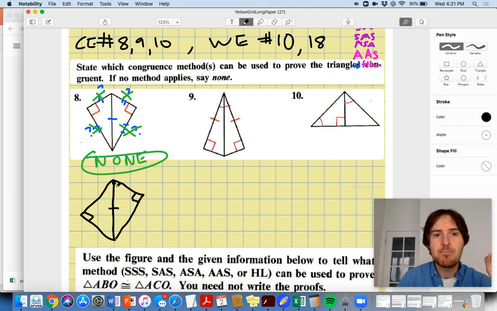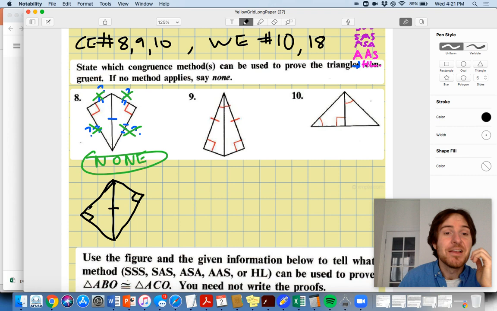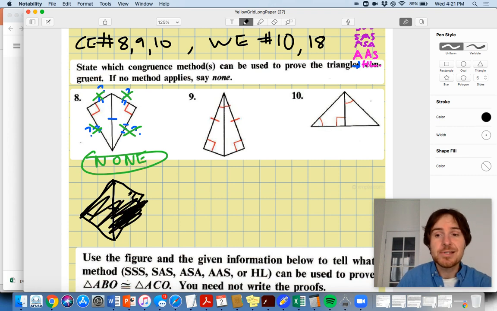So this might be more like 50 degrees, and that could be 45 degrees. Anyway, they drew it kind of messed up here. So anyways, just a hypotenuse in common, and they're both right triangles, not enough to confirm that they'd have to be the same right triangle, okay?